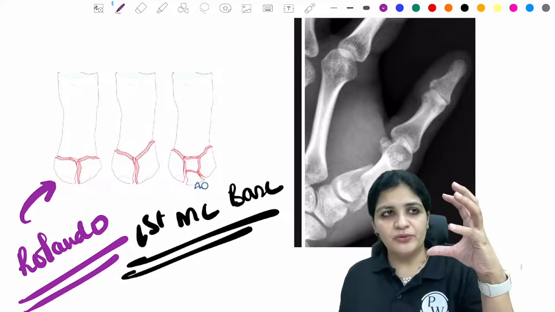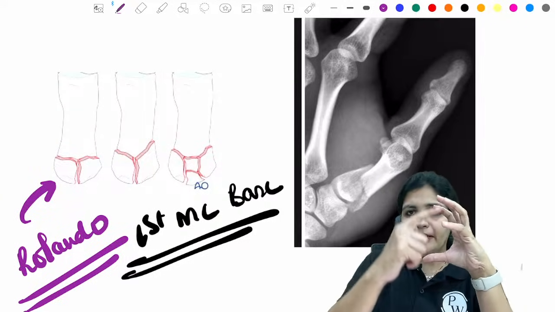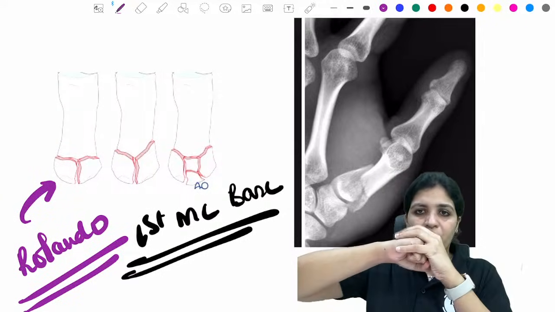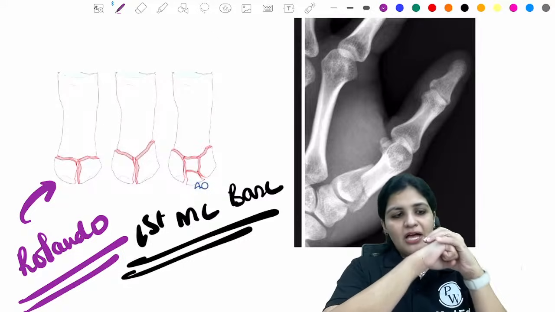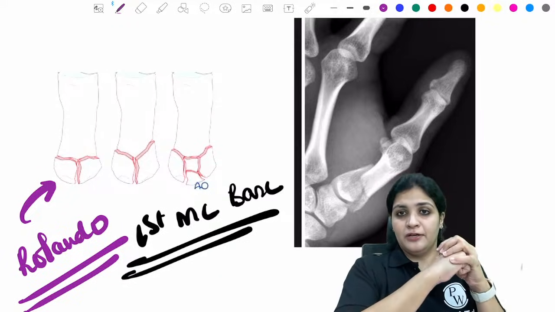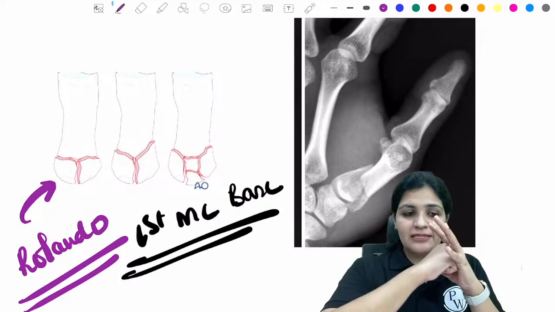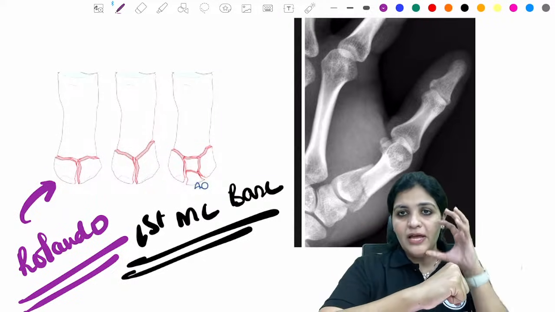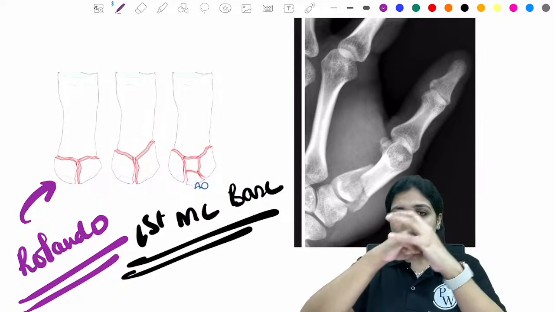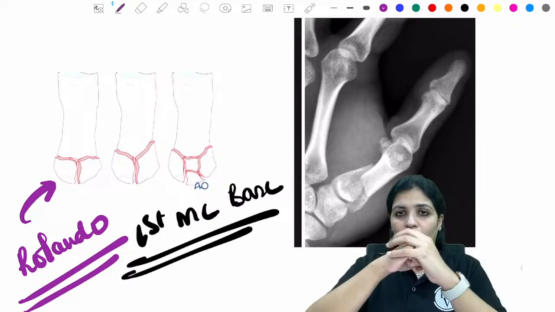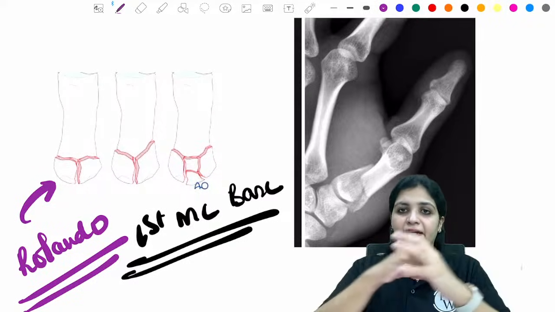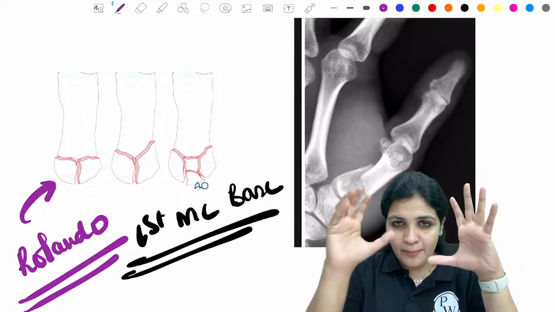So here, if you think this is a joint, this is a glenoid, and this is my humerus. So this is a shoulder joint. What do you mean by dislocation? Dislocation means the head has completely come out of the glenoid, so the articulating surfaces have moved completely apart, divorced. What is subluxation?